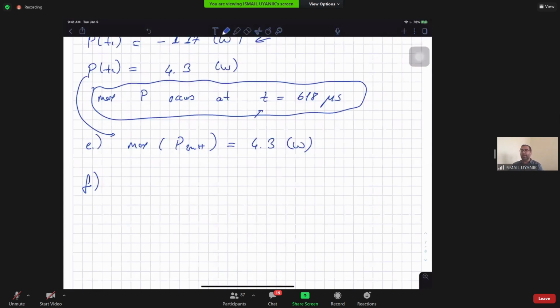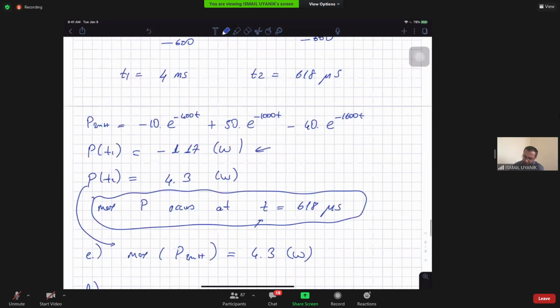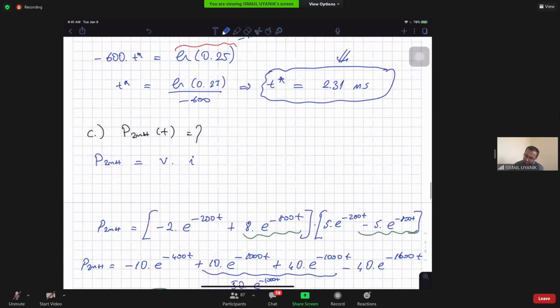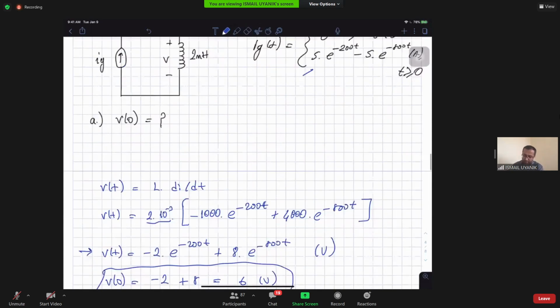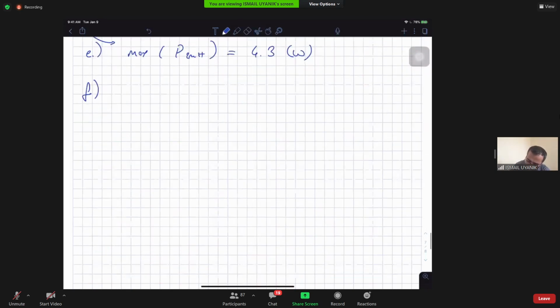So we will be calculating the time instant when the energy is maximum, right? If you remember, I don't know if we calculated the energy before. Did we calculate the energy? No. Okay, we will do it now. So we all remember what the energy calculation was for an inductor.